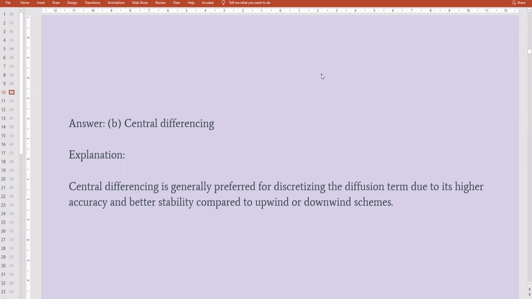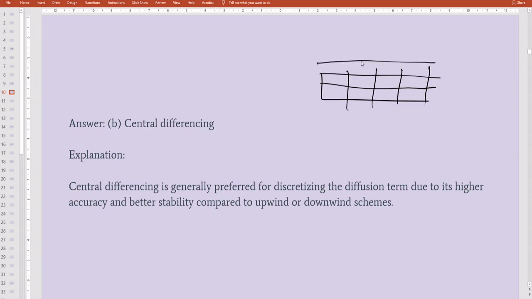Here and here, these points, we can get the front and back terms.